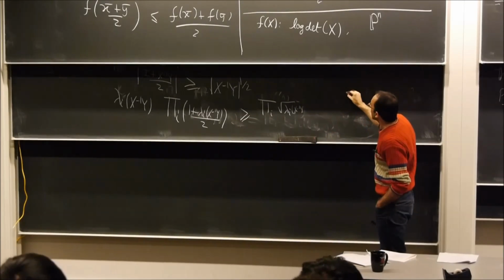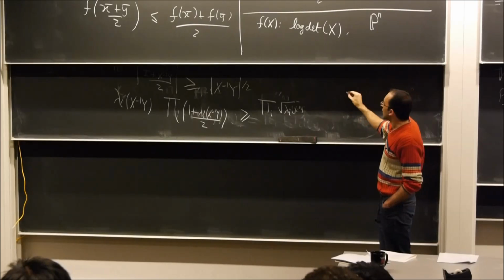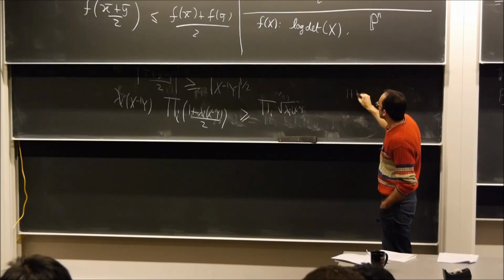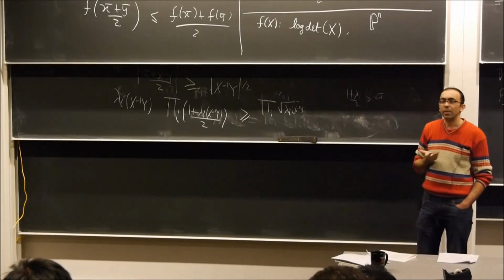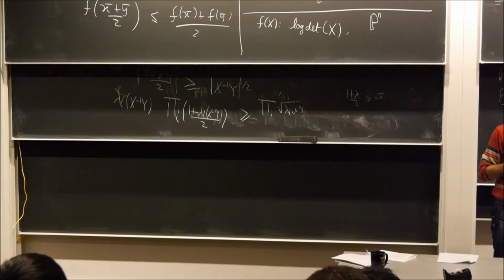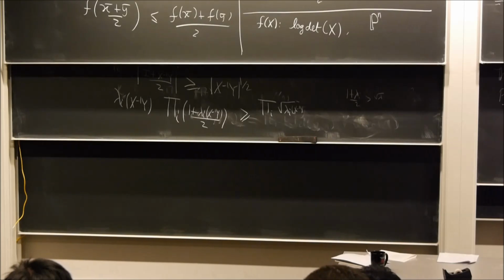So this is nothing but 1 plus lambda i by 2 is bigger than square root of lambda. That's just the arithmetic mean geometric mean inequality multiplied n times over, and that gives you a quick proof.